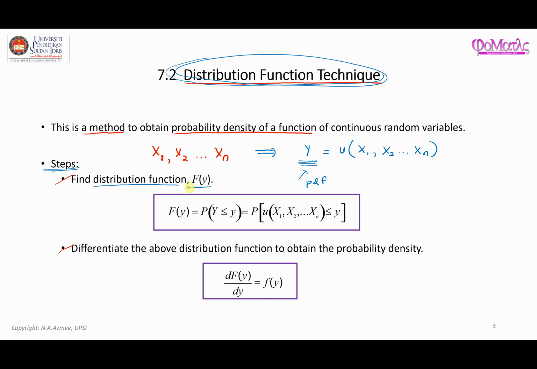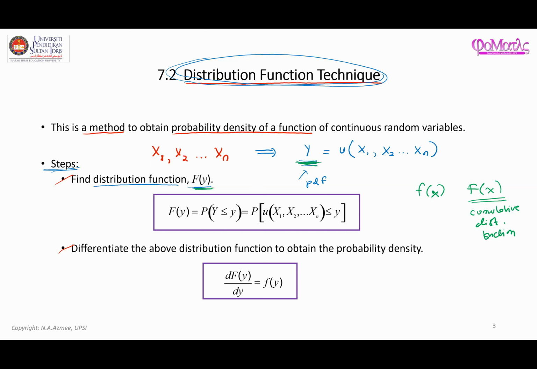The distribution function is denoted by big F, and I'm sure you remember seeing this notation in the earlier chapter, chapter 3, where I talked about the difference between the small f and the big F. Big F is also known as the cumulative distribution function, and this is what we are looking at. We want to find the big F for the new random variable y.